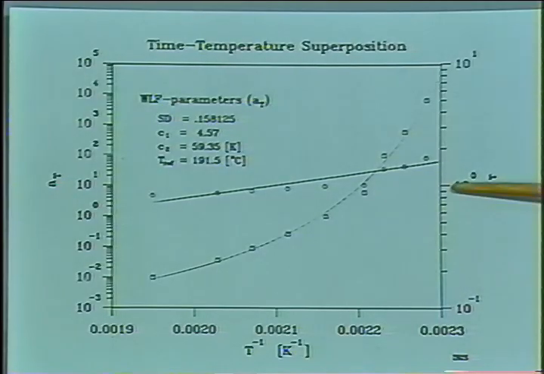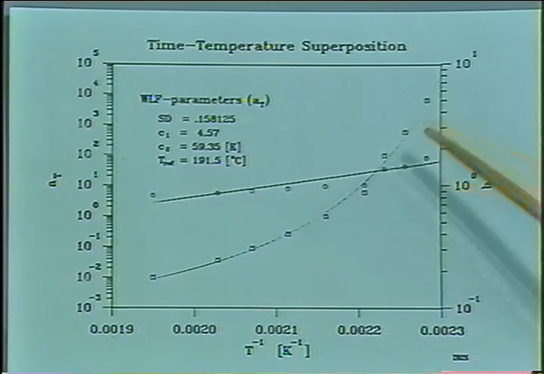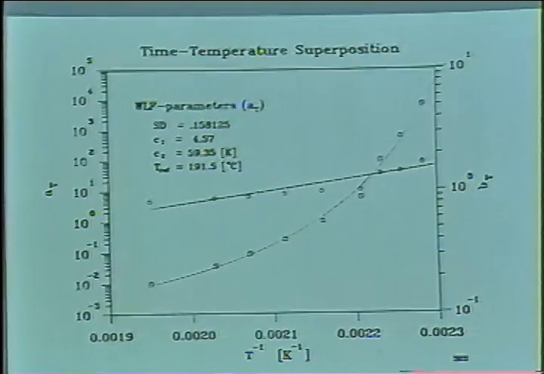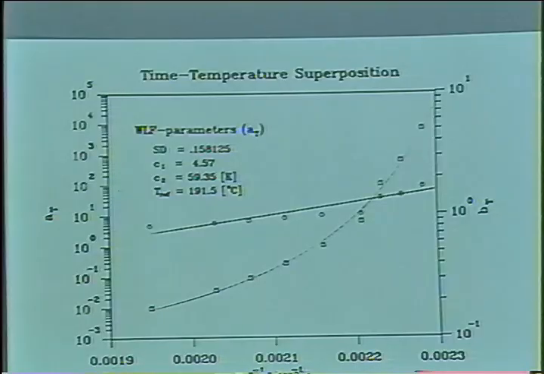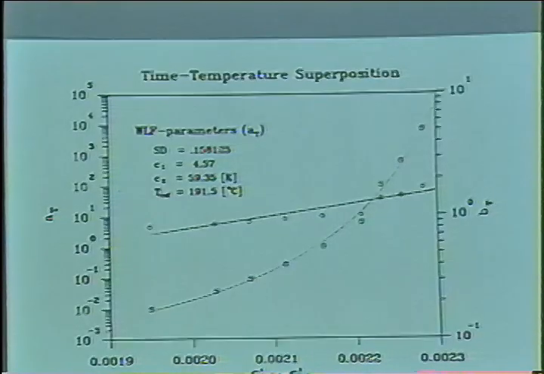And this vertical shifting is very small. It's really, BT is close to 1, as you can see. But AT changes over a large region. And of course, AT is 1 at our reference temperature. So this is the result of the experiment.